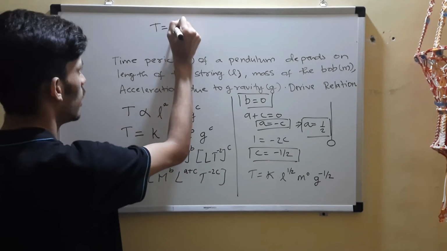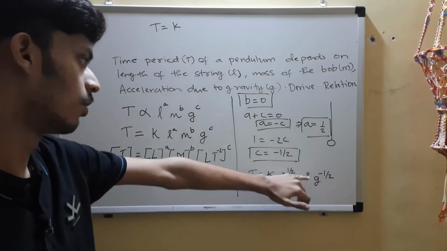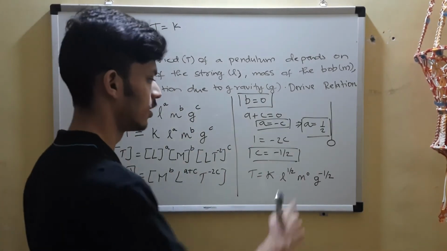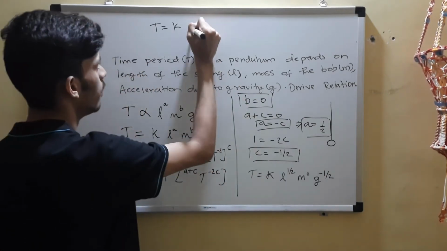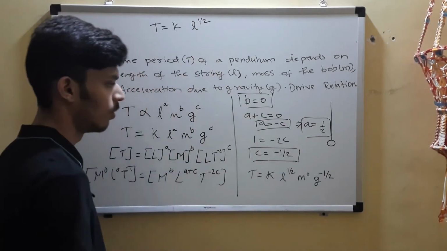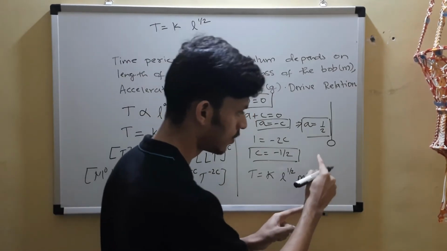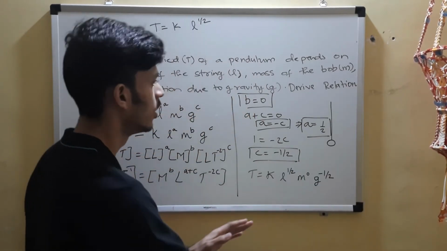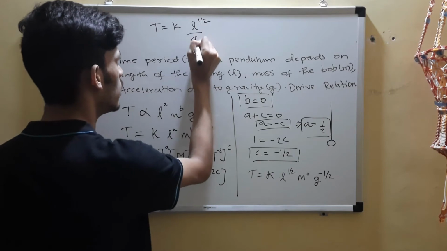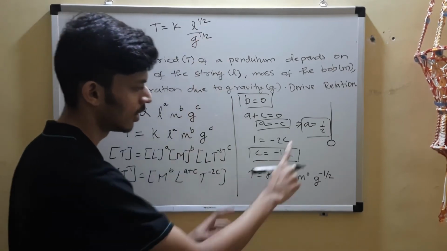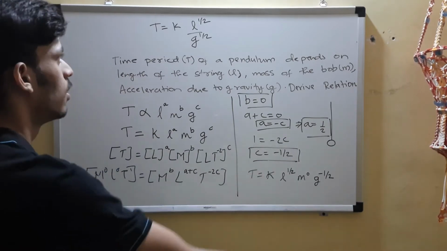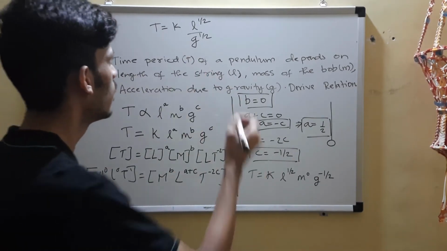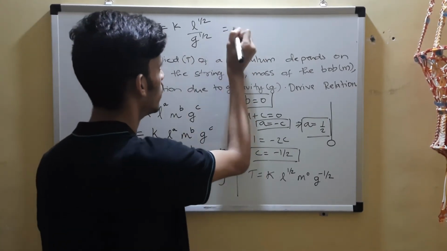T is equal to K. M is 0, so we can remove it, M to the power 0 means 1. And L we have raised to half. And now this G is raised to minus half, so we can take it to the denominator and change the sign, which was minus earlier, to positive.